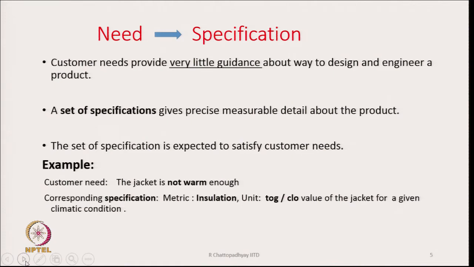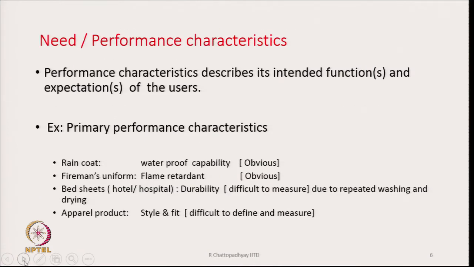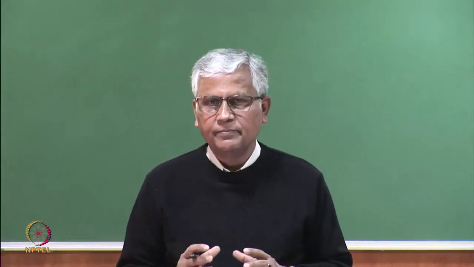We have to see the existing insulation value, in terms of either tog or clo, of the existing jacket, and then make sure how much value is really required to make him feel warm. The value that we require will depend upon the climatic condition in which the customer is going to stay.